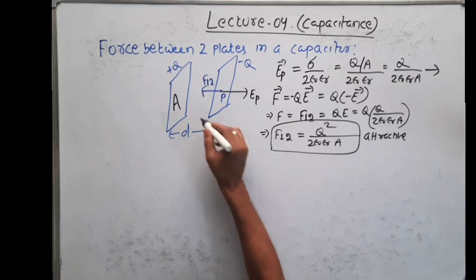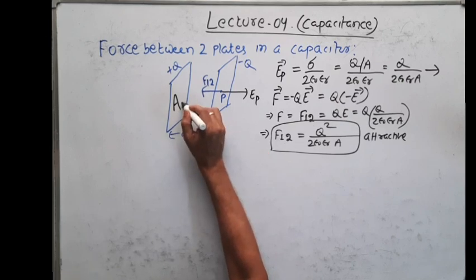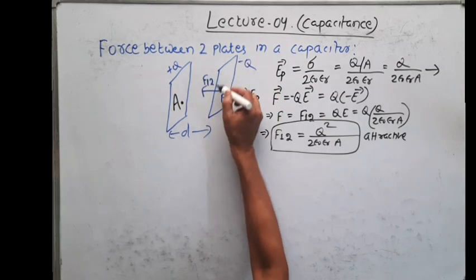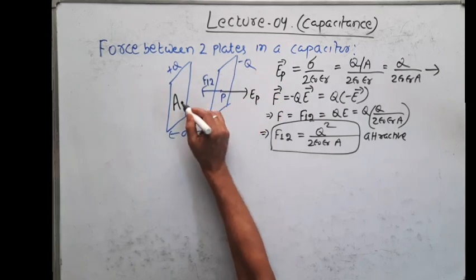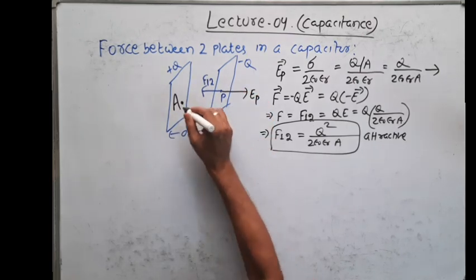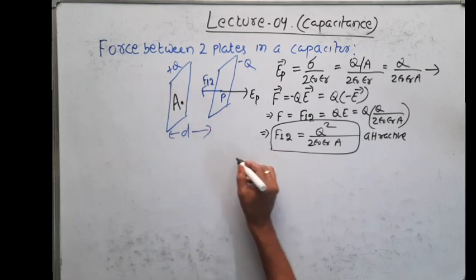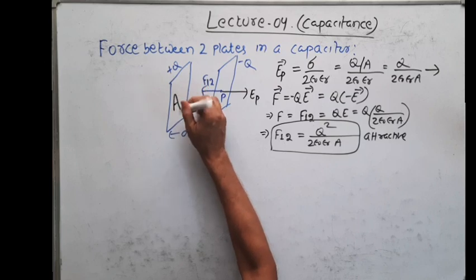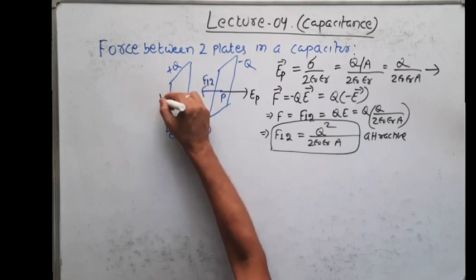Similarly, the first plate is coming under the electric field produced by the second plate, so this plate will also experience a force towards the negative charge. At M point, what is the electric field intensity? A is the area of the plate.